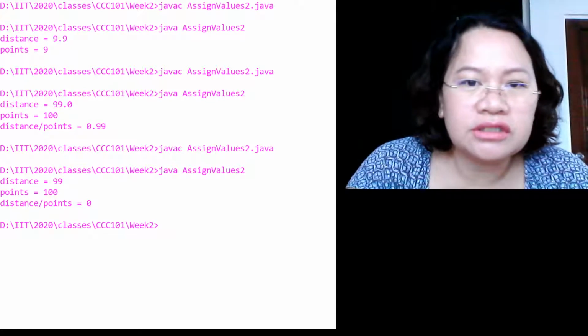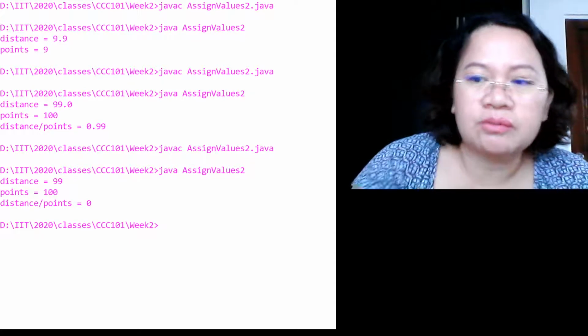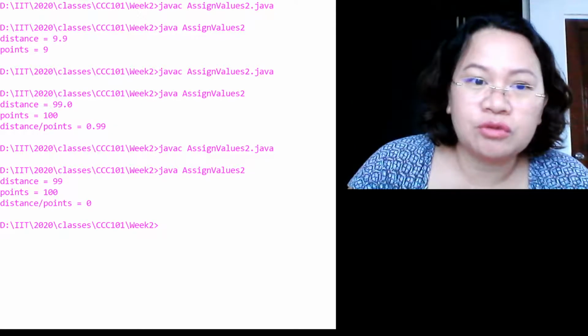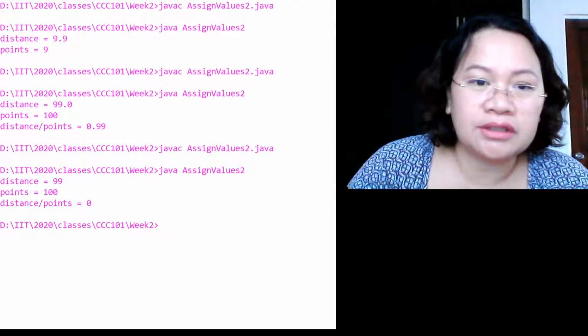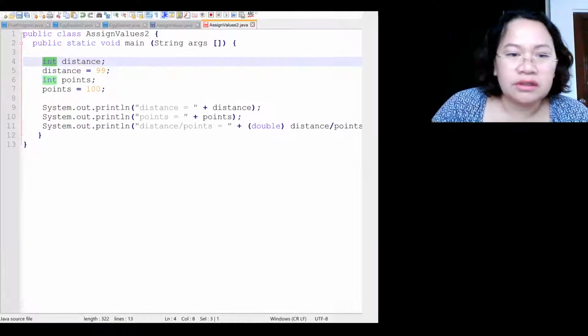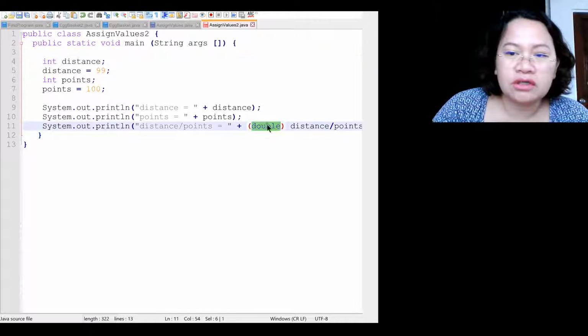Now, one solution is you declare one of the variable to be double. Para itong ganina, nga ang distance ganina was double. So, motong nigawas ang 0.99. Okay? And then, the other thing you can do is kung int ni siya, gusto na to ang result kay double, let's see if this one will do the trick.